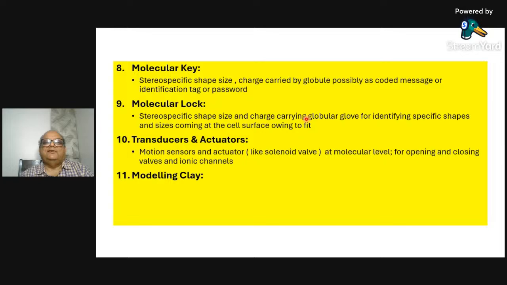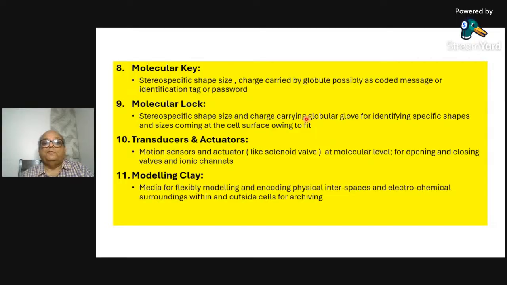So based on that, the shape and size of the rooms, the shape and size of the birth cavities in which proteins are to be born, etc., have to be encoded and reproduced through the code of DNA. So nothing but protein is the media which can do flexibly the modeling and encoding of physical interspaces and their electrochemical surroundings within and outside the cell for the purpose of archiving on DNA.